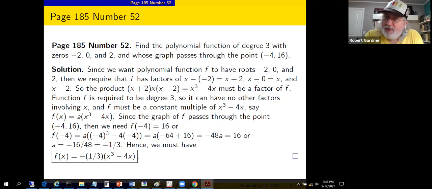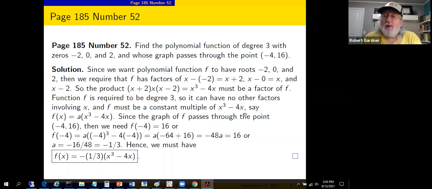So this is similar to the previous one, except in the previous one, we never really found that leading coefficient, or we set it equal to 1 because they just wanted an example of a function. Here, if they hadn't mentioned a thing about the point, I could have given the answer simply as this.